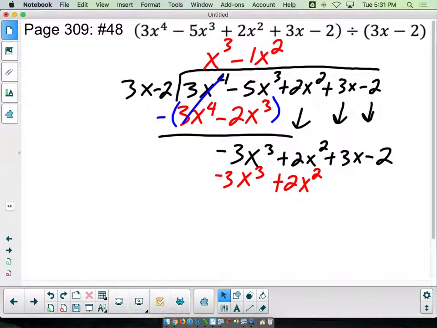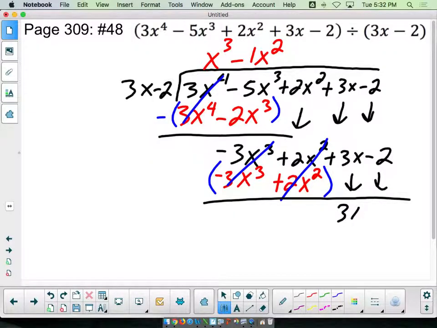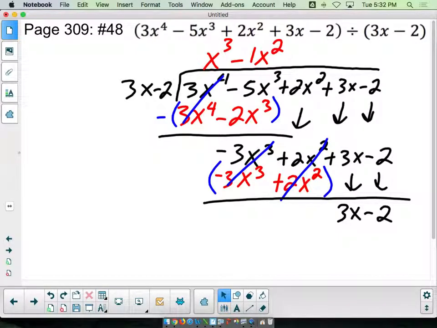Now, something really interesting happens here. When I divide these, those cancel, and those cancel. And so I'm just left with 3x minus 2. I did not expect this to happen, but this is a good teaching point.